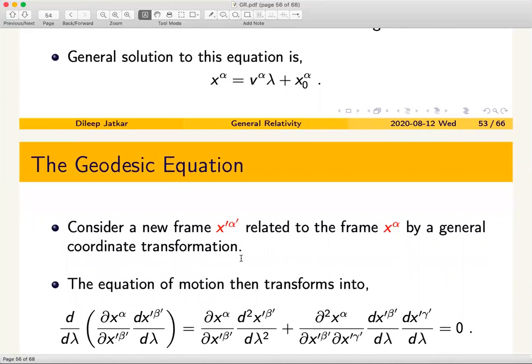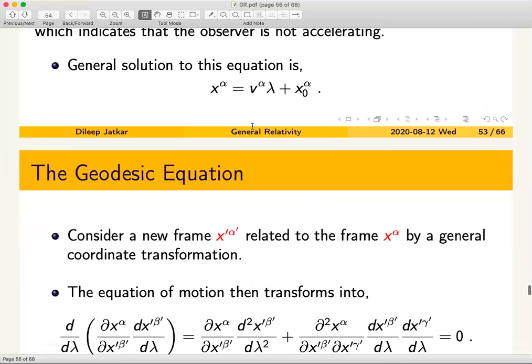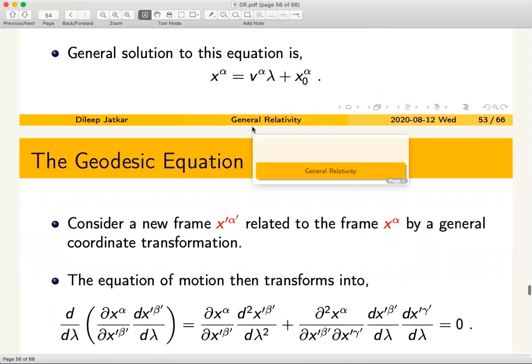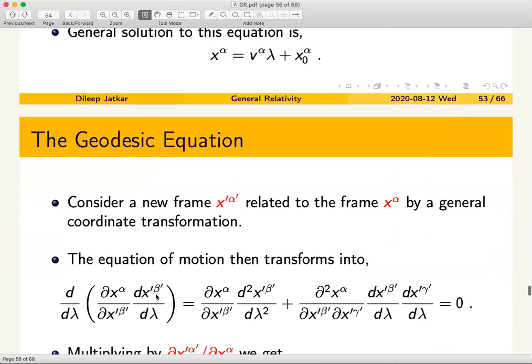Good. So if you do that transformation, we want to look at what happens to this equation. So let's check. We are going to convert from x^α to x'^α'. So use the chain rule, d/dλ acting on ∂x^α/∂x'^β' times dx'^β'/dλ.